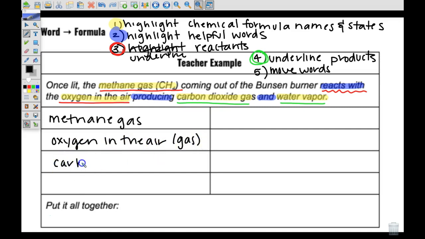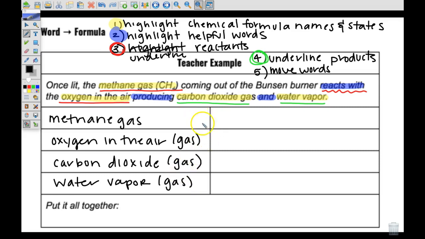I also have carbon dioxide as a gas. And then I have water, and the problem says that it was a vapor. I have to think really hard: vapor is what state of matter, solid, liquid, or gas? It's a gas.